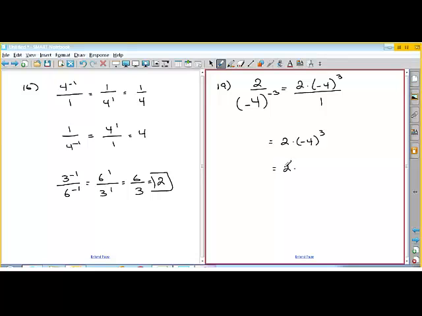And then finally, negative 4 cubed is negative 4 times negative 4 times negative 4. And then you do the multiplication out. Notice I'm going to have a negative final answer because I have 1, 2, 3, an odd number of negatives. So now my answer is negative. And then all I have to do is multiply all the numbers together. 2 times 4 times 4 times 4. And I get 128. So the answer is negative 128.